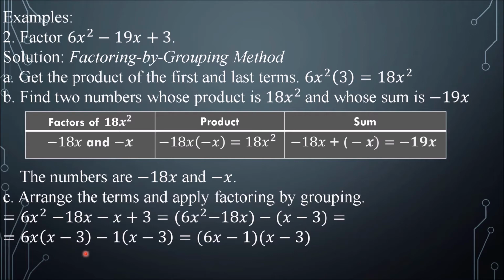Now, getting the common monomial factor between both terms, the common monomial there is x minus 3. Now the remaining factor, 6x minus 1. And that's the factored form of number 2.